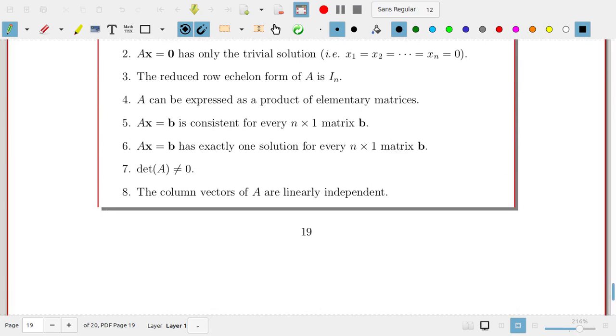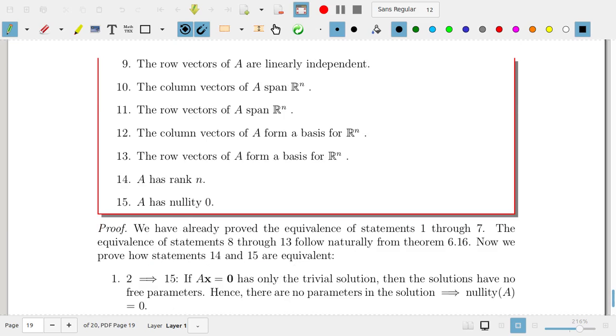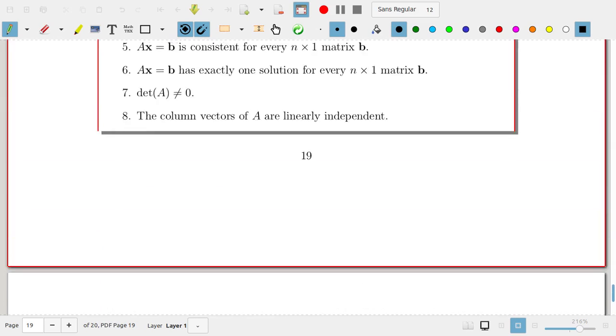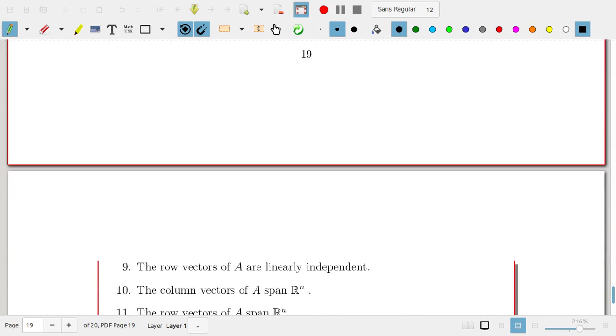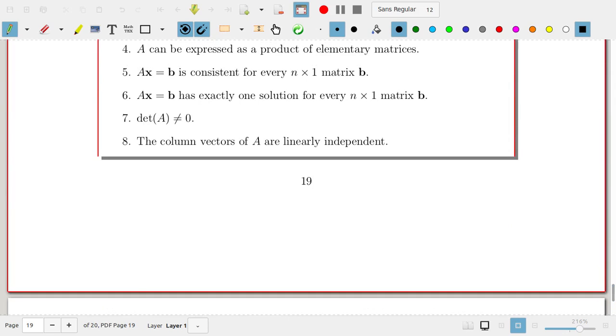expand the equivalent statements for square matrices to 15, right? So we began with 7. The 8th statement is that the column vectors of A are linearly independent, right?